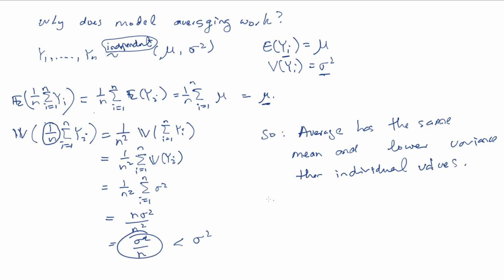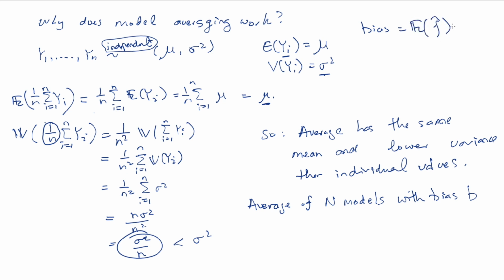So in other words, the average of n models with bias b, where bias is the expectation of f hat minus the truth.